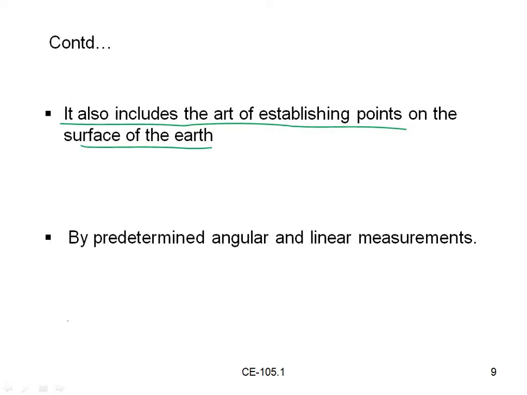And next, by predetermined angular and linear measurements. These angular and linear measurements are also made with the help of instruments. With the help of the chain instrument also we can take the angular and linear measurements.